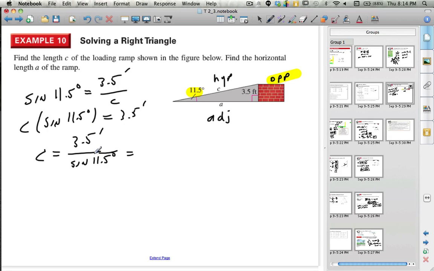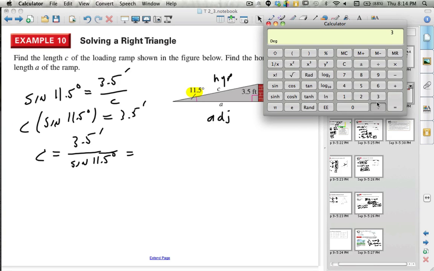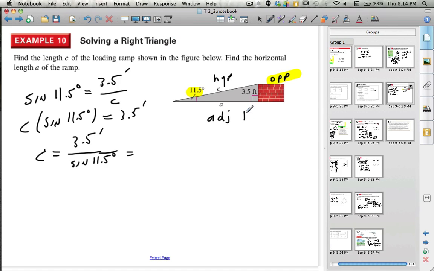I want to put it into an easy form to work with in my calculator first. So I'm going to have 3.5 divided by the sine of 11.5, and this is going to be 17.56. Sorry, my mistake, this is 17.56. And now I have the hypotenuse.